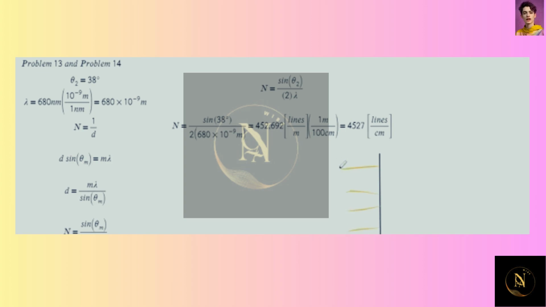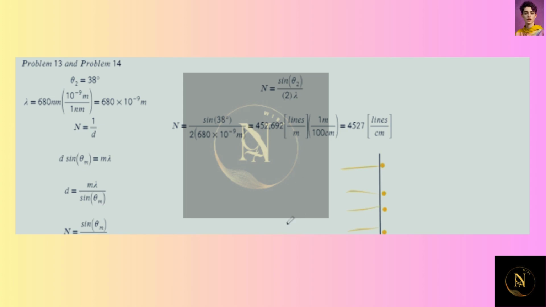Here, the distance between this endpoint and this screen represents the intensity. In reality, what you would see is something like this. On the screen, you would see bright spots and wide, dark fringes.